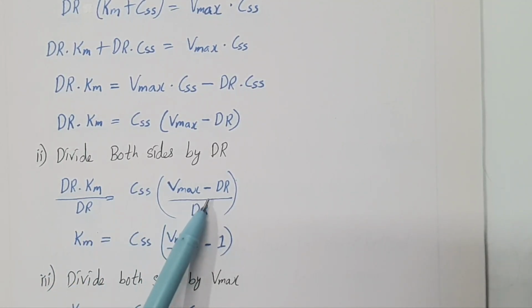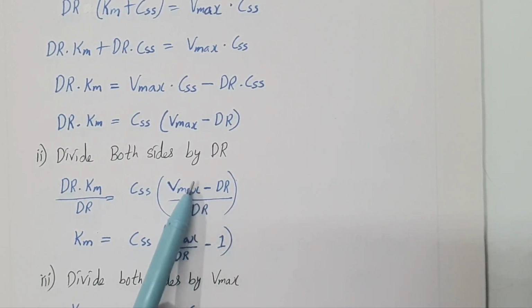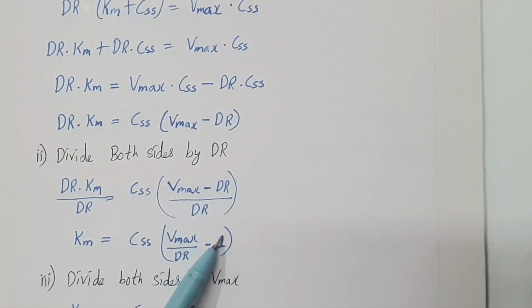On the right hand side, DR divided by DR cancels out and gives 1, so Vmax divided by DR minus 1 remains. Our equation will be Km equals Css into Vmax divided by DR minus 1.